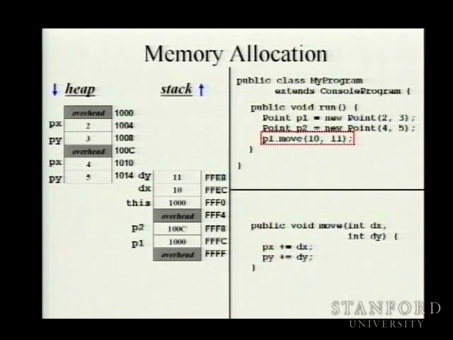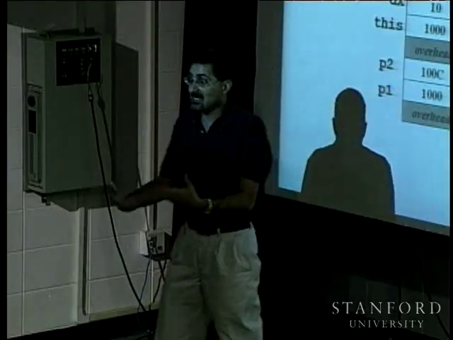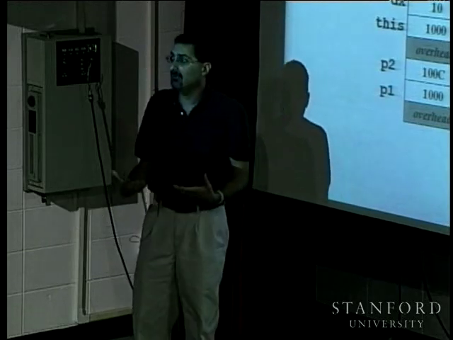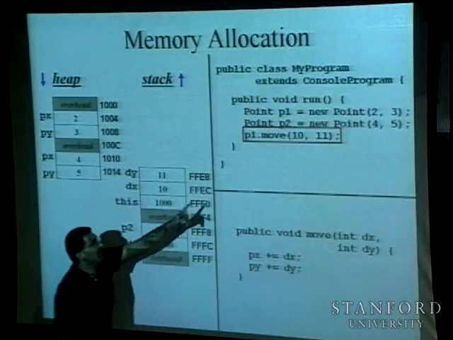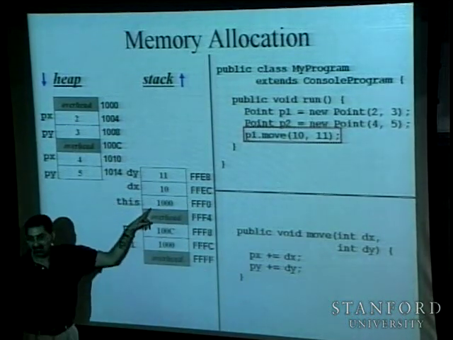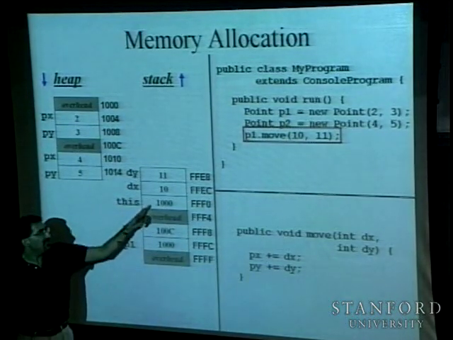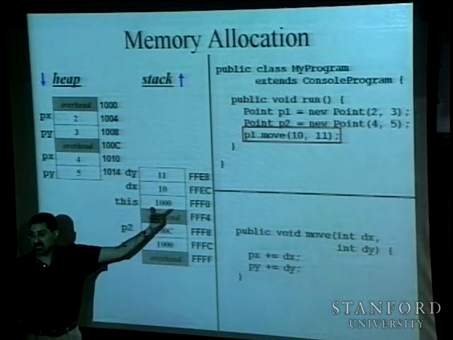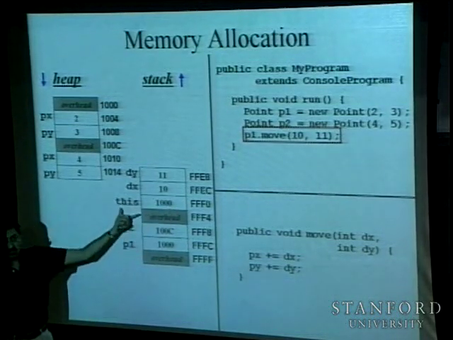When I'm calling a method on a particular object, how do I know which object I actually called the method on? When you make a method call on an object, the very first thing after the overhead that gets put onto the stack is essentially a pointer to the object. It's what we refer to as the this pointer.